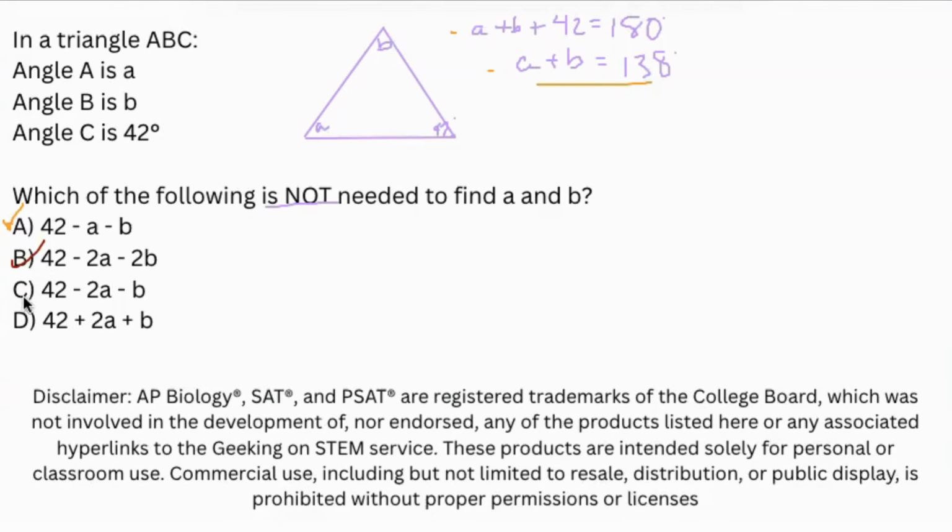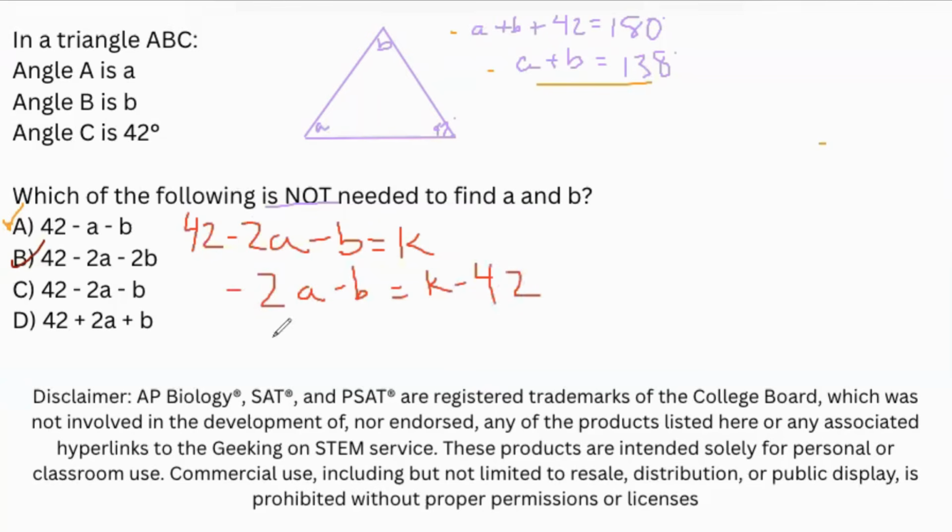Now I'm going to take this equation and set it equal to k. So I have 42. Let me erase so you can see the whole equation. We have 42 minus 2a minus b. This again equals k. Now I'm going to bring 42 over because remember, I want to get to a plus b equals 138. So bringing the 42 over gives you negative 2a minus b equals k minus 42.